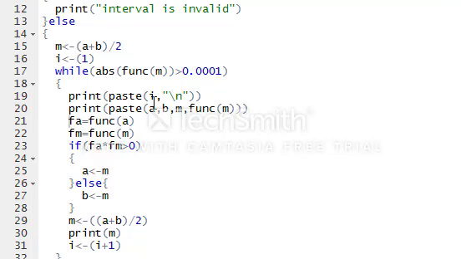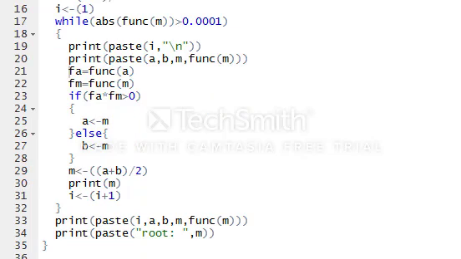We'll first print the value of i, which shows the number of iterations. Then we'll paste the value of a, the first point, b, the second point given by the user, the m, which is the sum of a and b by 2, and function of m. For our convenience, we replace function of a with fa and function of m with fm. Now if the product of fa and fm is greater than 0, then a will be replaced by m, else b will be replaced by m.